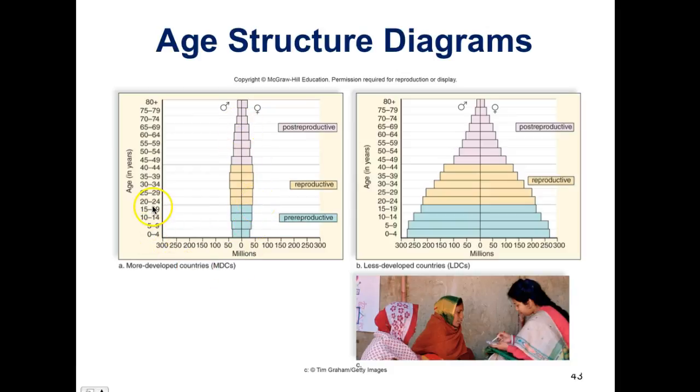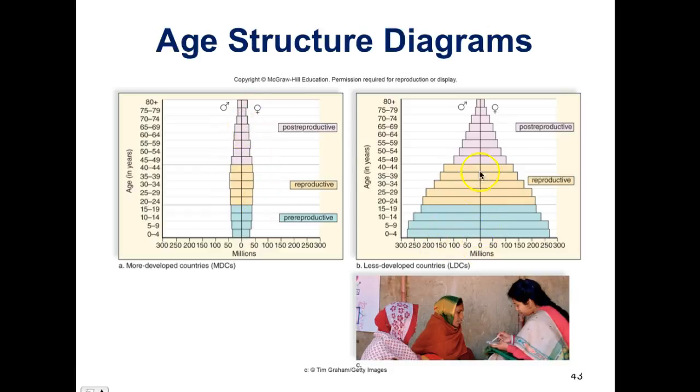So you could see that the reproductive years start between 20 and 24 and go to about 44 to 49 years of age. Ultimately, you could see the millions of people throughout that particular time period. So this is typical of a stable population.